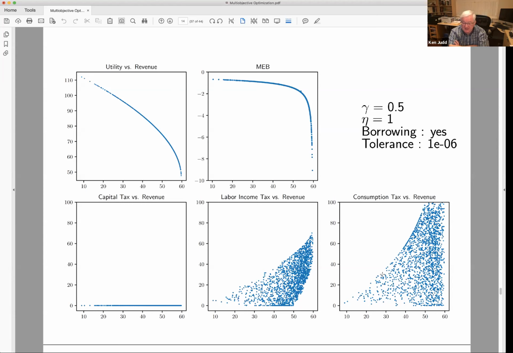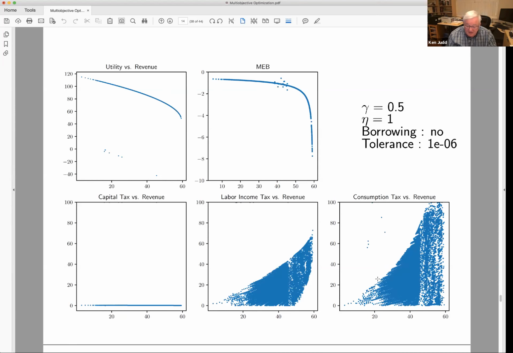You can have either high consumption tax or high labor tax, but then the other one is always lower, or you can have a mixture of the two. So what this tells you is that there's not a whole lot to argue about when it comes to consumption versus labor income tax for this particular problem.